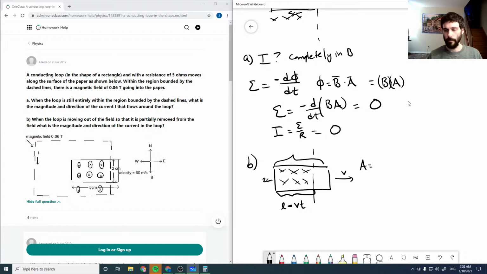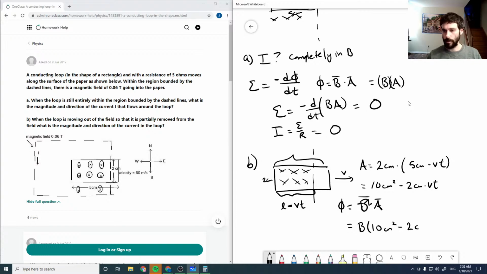So then our area is 2 centimeters times our 5 centimeters minus our velocity times time, which is equal to 10 centimeters squared minus 2 centimeters times velocity times time. So then our flux, which is our B field dotted with our area, is going to be B times 10 centimeters squared minus 2 centimeters times our velocity times time.